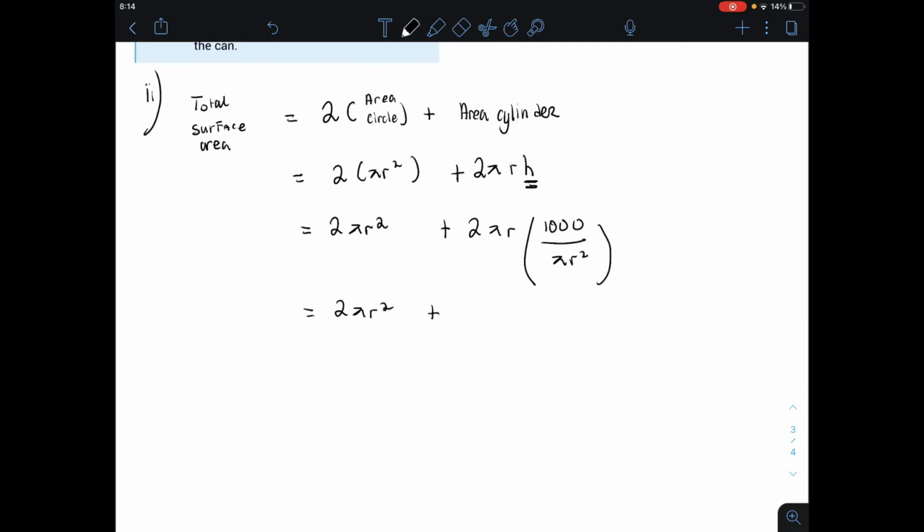This gives me 2 pi r squared plus 2,000 pi r all over pi r squared. Cancel out our common values on the top and the bottom. And we're left with 2 pi r squared plus 2,000 all over r as my total.